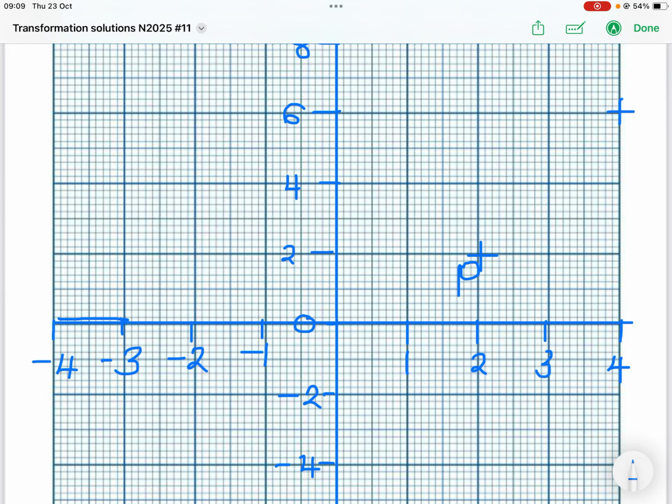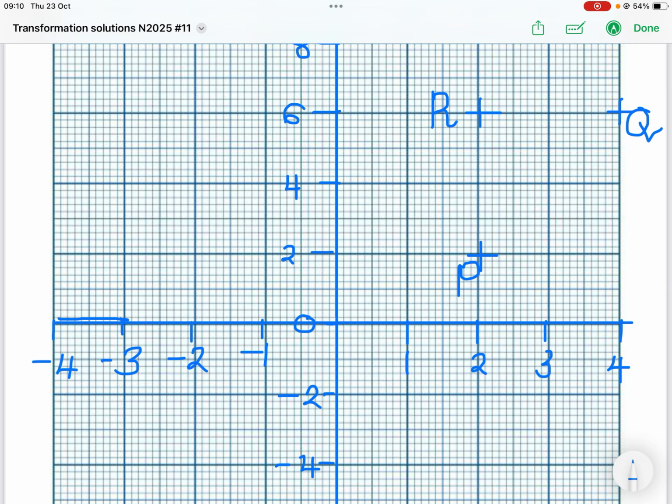We are going to plot this point. And then finally, we have (2, 6). We are going to plot this point. So let us label: this one is P, this one is Q, and then this one is R.